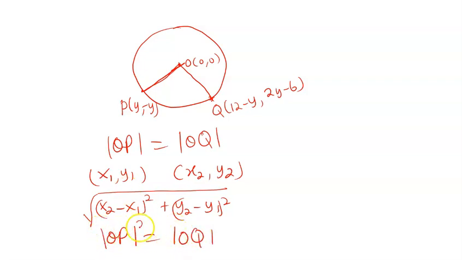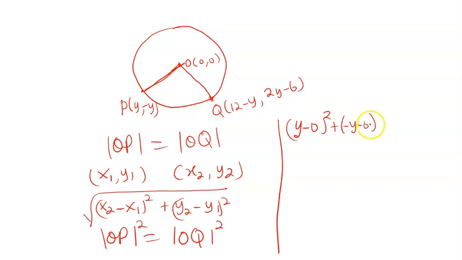So this implies that when you square both sides, the square root will go. So we are going to have, assuming that this is x1, y1, x2, y2, right? y minus 0 squared plus minus y minus 0 squared will be equal to 12 minus y minus 0 squared plus 2y minus 6 minus 0 squared.